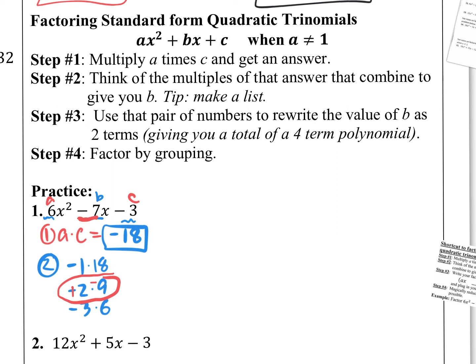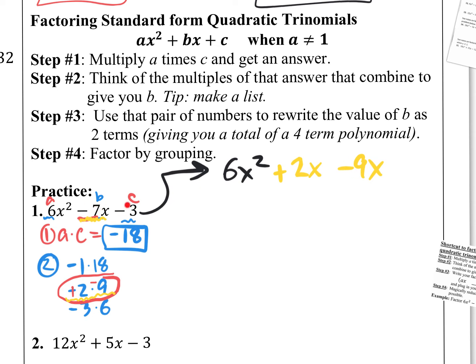Check it out. Let's rewrite this guy. It says 6x squared, but instead of -7x, I'm going to rewrite -7x as these 2 numbers with x's. So I'm going to rewrite it as plus 2x minus 9x. After all, 2x minus 9x is that -7x, right?